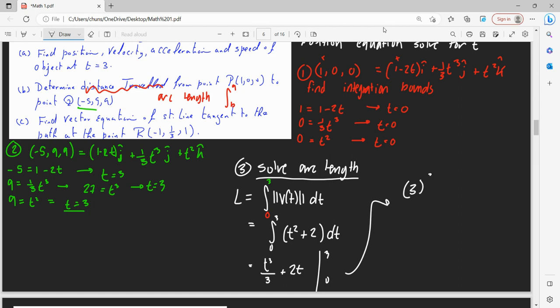So that's like saying 3 cubed over 3 plus 2 times 3, and that's going to be 0 for the other term. So what is that? That's 27 divided by 3, which should be 9, plus 2 times 3, 6. So that should equal 15 units.